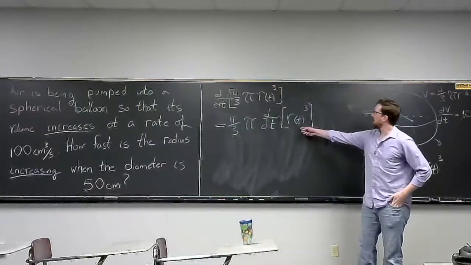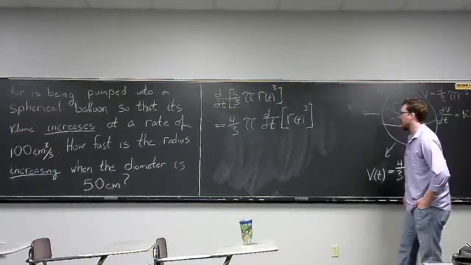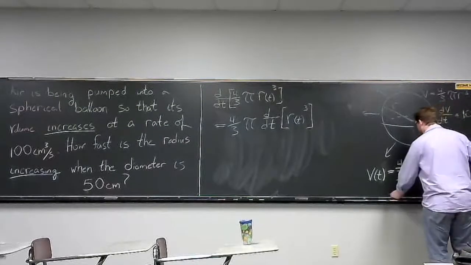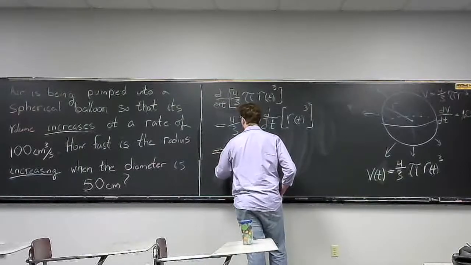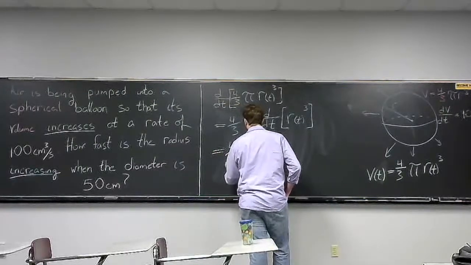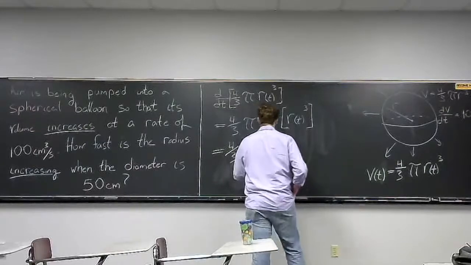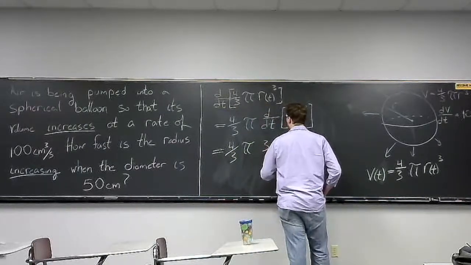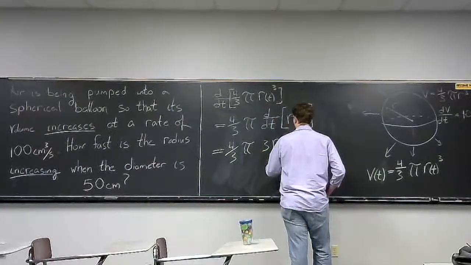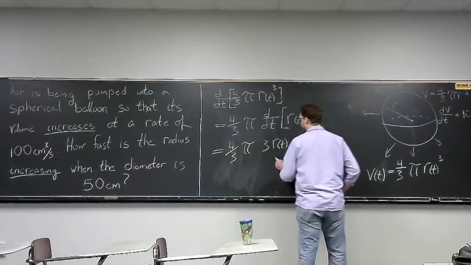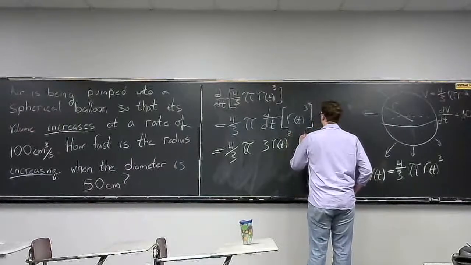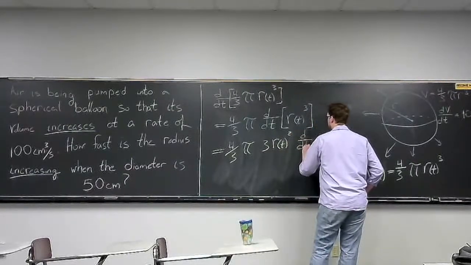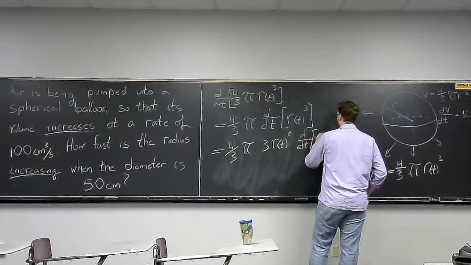Chain rule tells us how to handle this thing, right? Chain rule tells us that this has to be equal to 4/3 times pi times 3 times the radius as a function of time squared times d/dt of radius as a function of time.